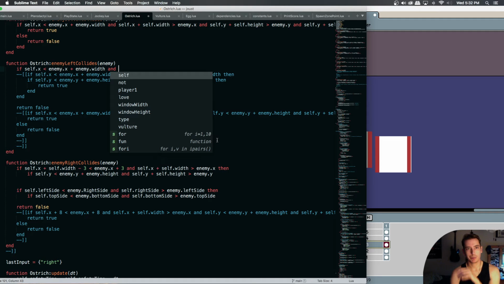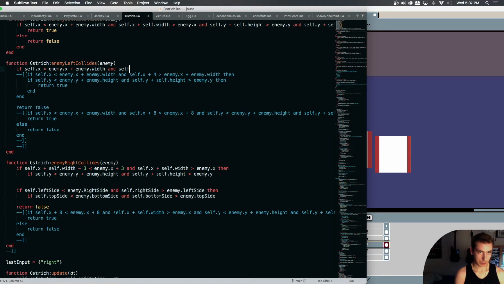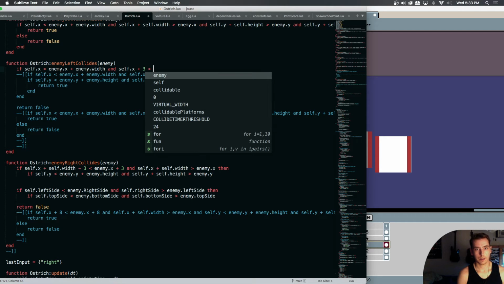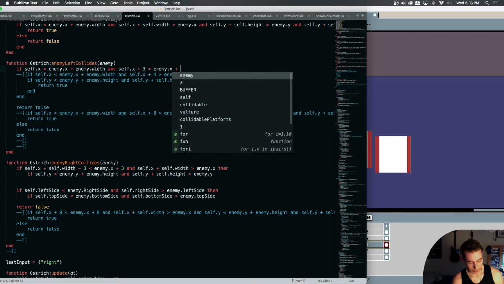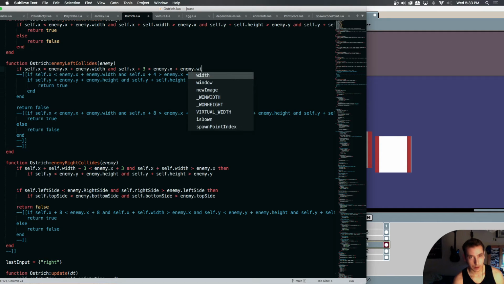And the right side of our ostrich, which isn't the right side of our ostrich, it's the right side of this bounding box. So the right side of our ostrich is going to be self.x plus the 3 pixel buffer. We're seeing if our right side is greater than the enemy's left side, which is the left side of the enemy's bounding box, which is enemies.x plus enemies.width minus the 3 pixel buffer.